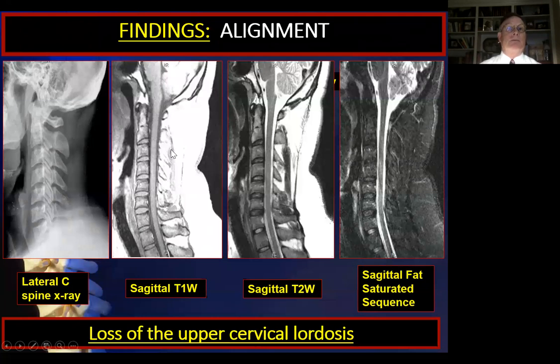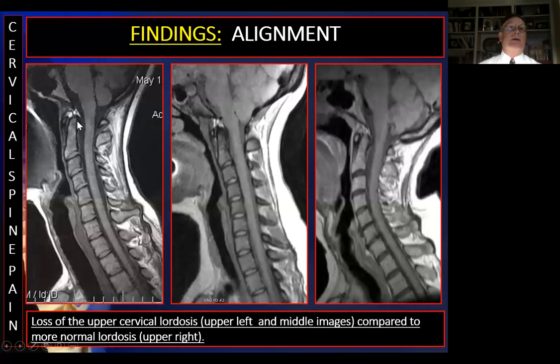So here's a T1 weighted, T2 weighted, and fat suppressed. Now here's some proton density images, and this is loss of curvature here, and again elongation of the spinal column tugs on the spinal cord and pulls the cerebellum down to the foramen magnum.